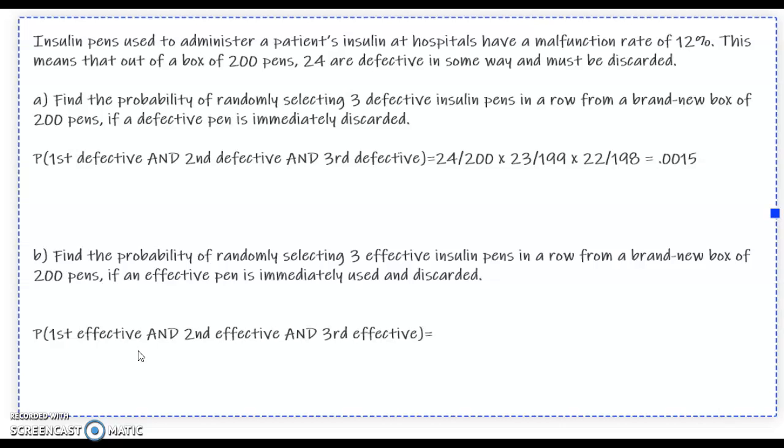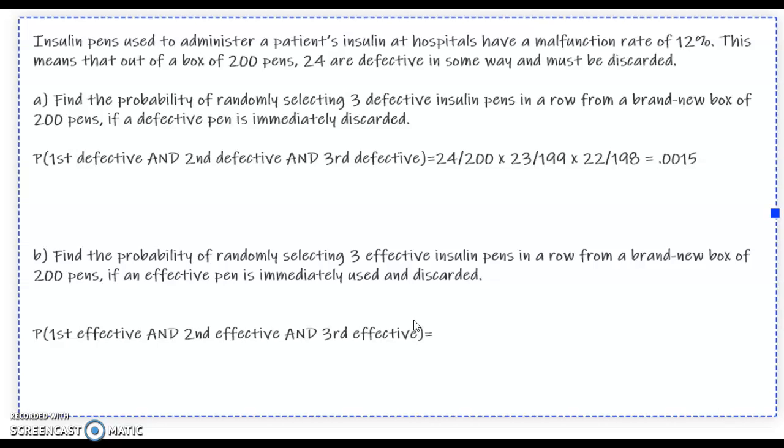But if we're looking at this, for the first effective pen, instead of looking at the 24 bad pens, I'm now going to look at the good pens, the effective pens. So if I had a box of 200, okay, we're no longer in the first scenario. Throw this story out. So we're starting with that brand new box, 200 pens. 24 of them are defective.